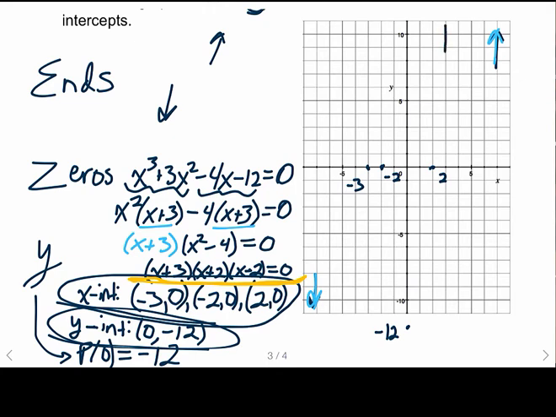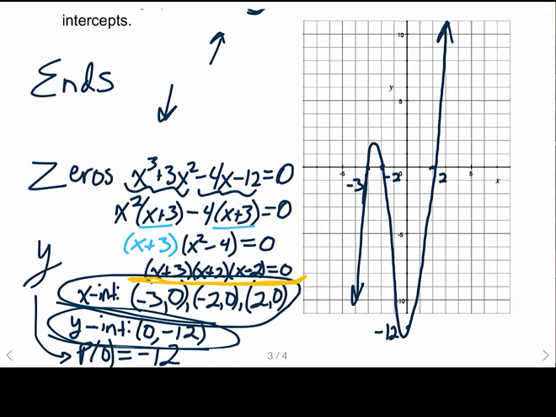It comes from up in the first quadrant, goes down through the point 2, 0, hits the -12 on the y-axis, comes back up to hit -2, 0, and then we're going to bend back down through -3, 0. Don't like how that went at the end there. Shouldn't really be a wiggle, just because I'm not perfect. There we go. And an arrow pointing up, an arrow pointing down. Let me erase my little indicators that I had, and now we have the graph of a function.